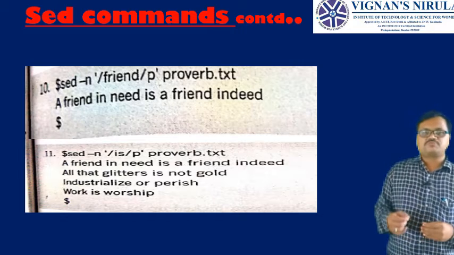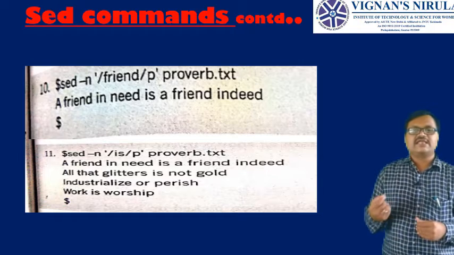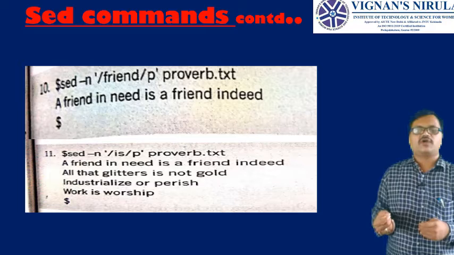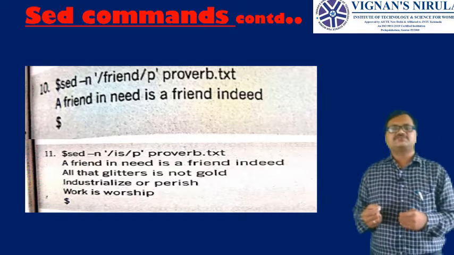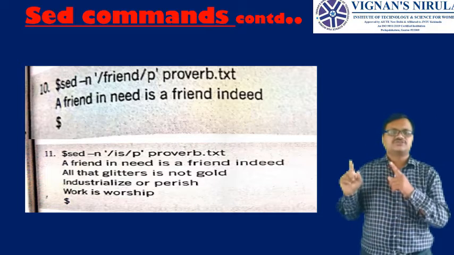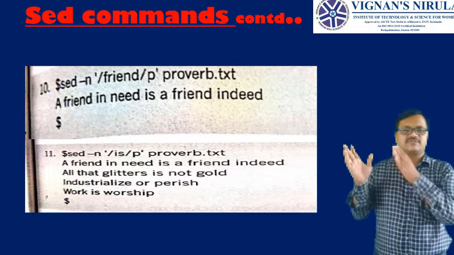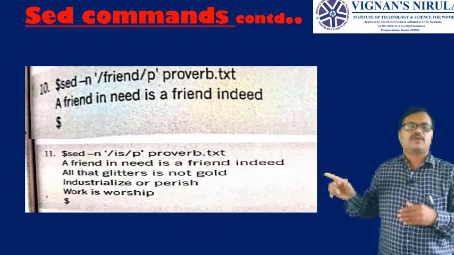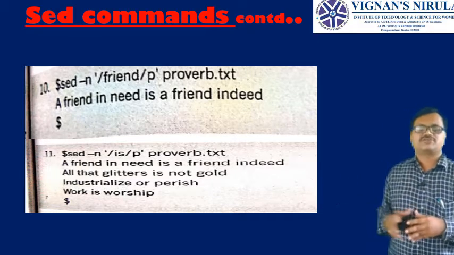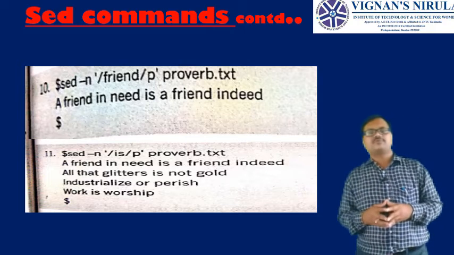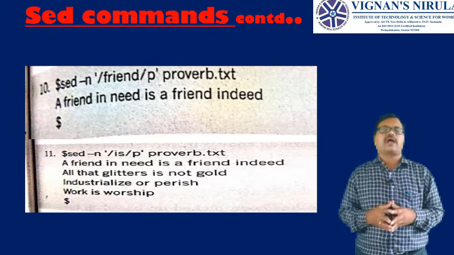And if you want to display the lines containing "ease", how can you do that? You can do that using sed -n '/ease/p' proverb.txt. It will display all the lines containing the pattern ease.